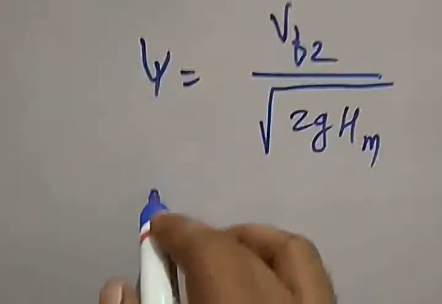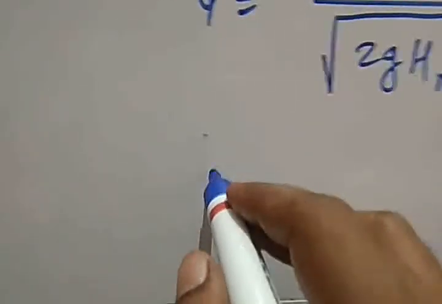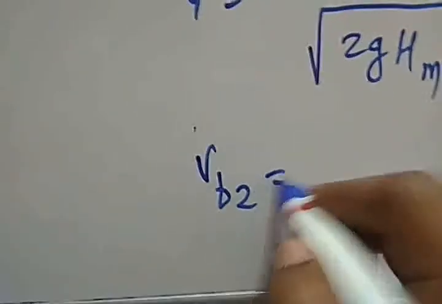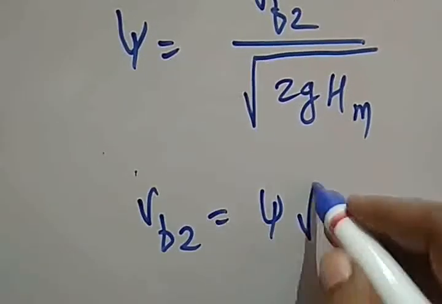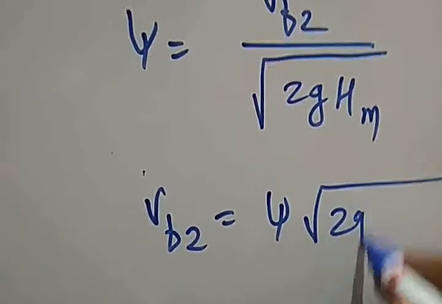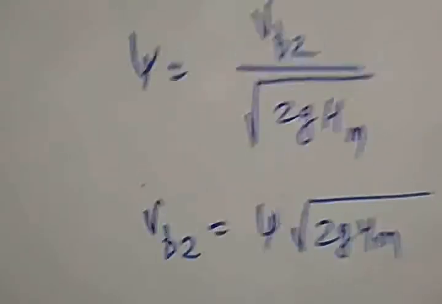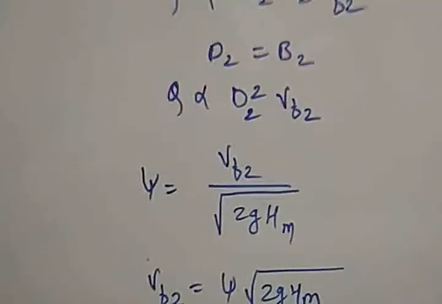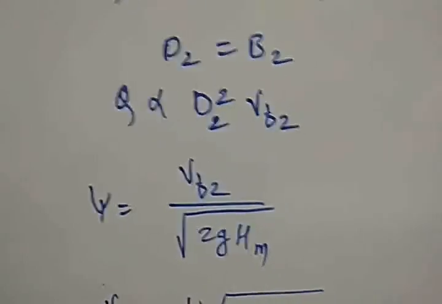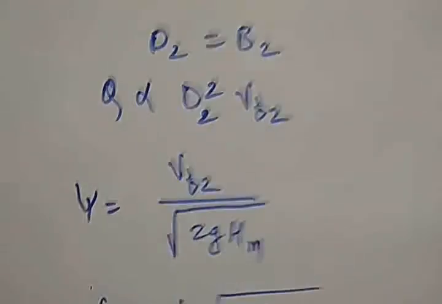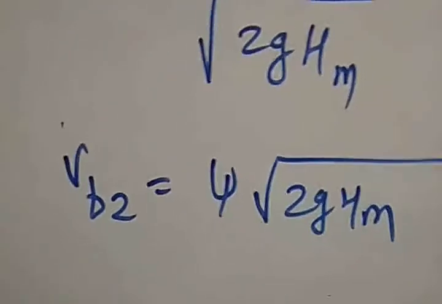From that I can write Vf2 is equal to psi into under root of 2ghm. So Vf2 is proportional to under root of hm, because psi is constant and 2g is constant.